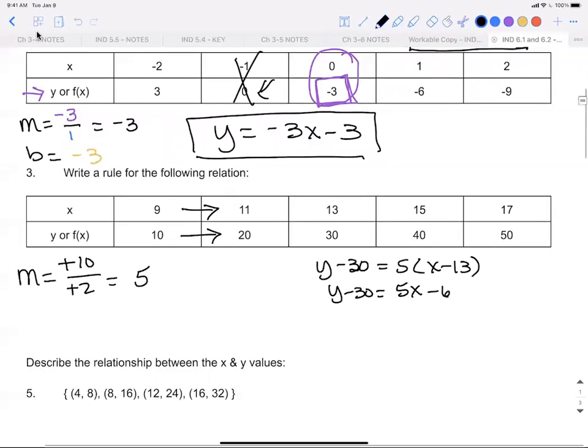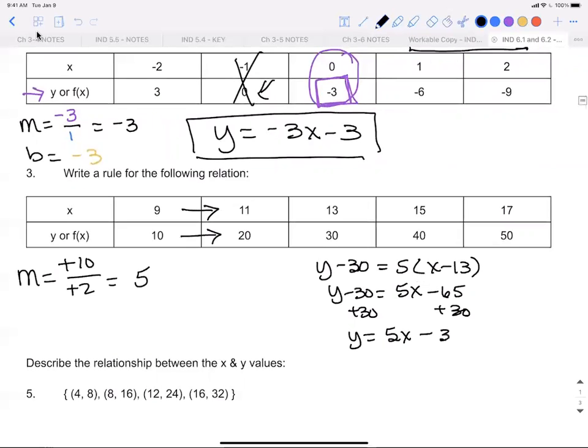I think it's 65. 5 times -13 is -65. Add 30 and add 30, and I get Y equals 5X. -65 plus 30 is -35. Okay?